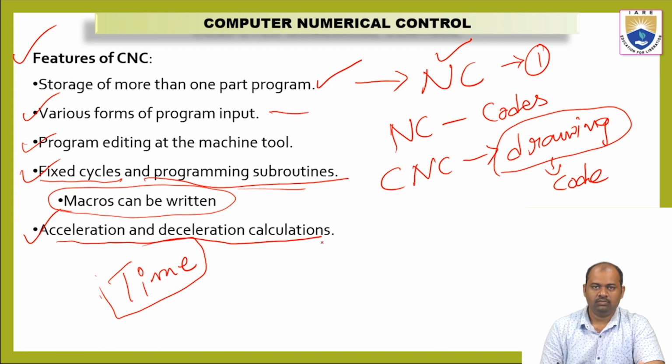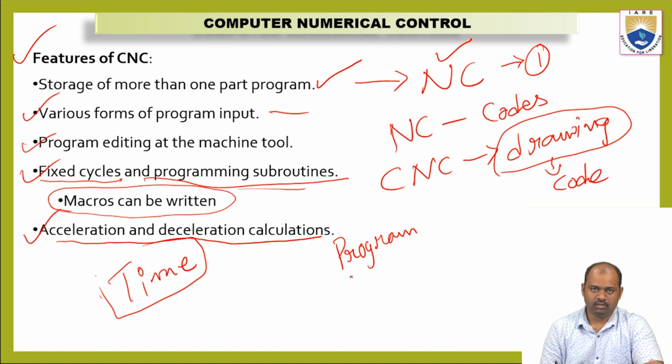Okay, so let us see what different things a machine will do when an object is to be manufactured. First of all, we have to give the program to the CNC machine.